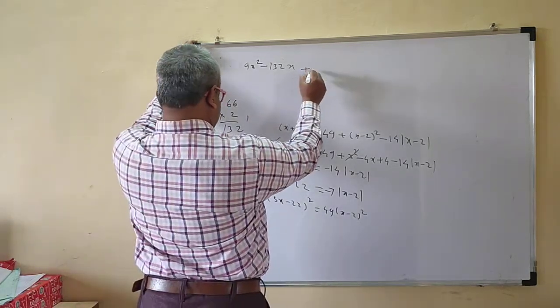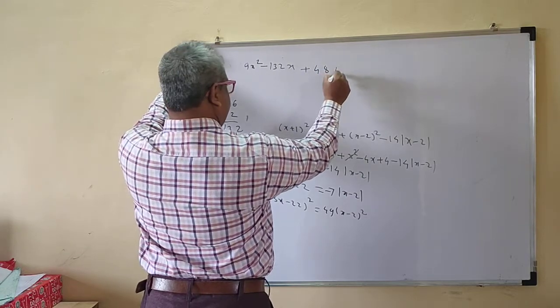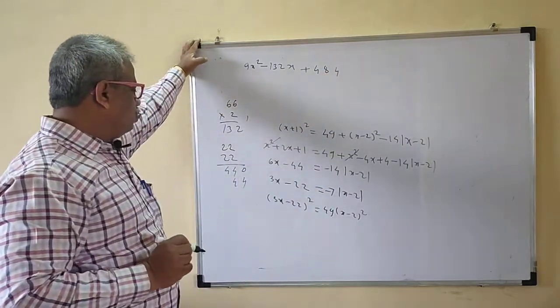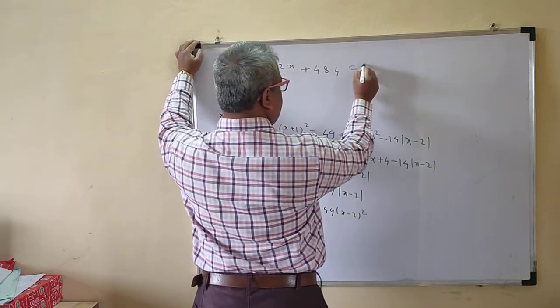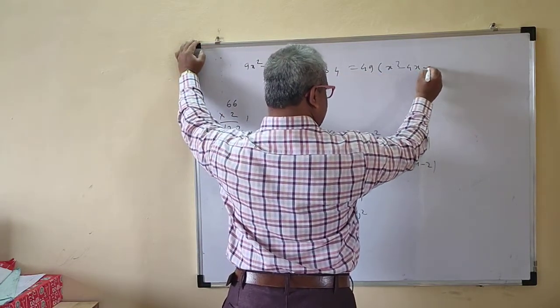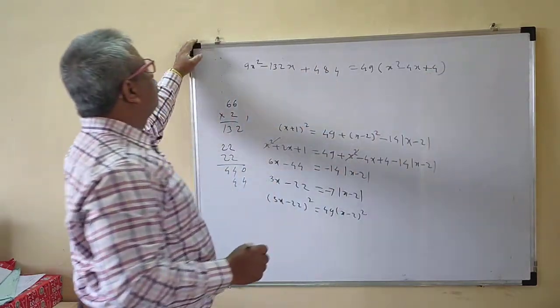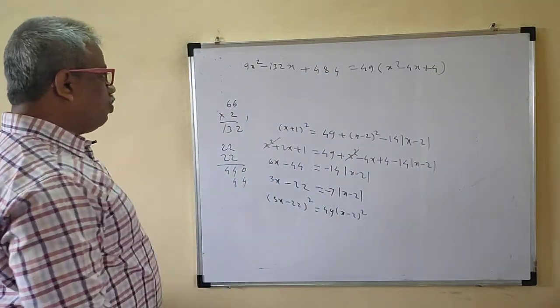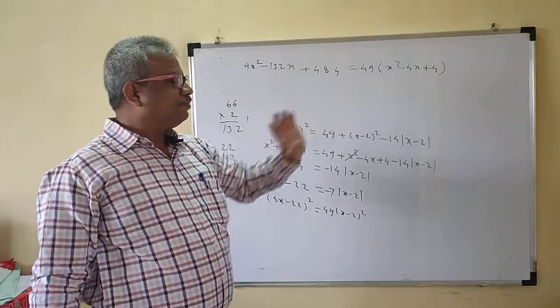So plus 484 is equal to 49 into x square minus 4x plus 4. Okay? So now just simplify this.